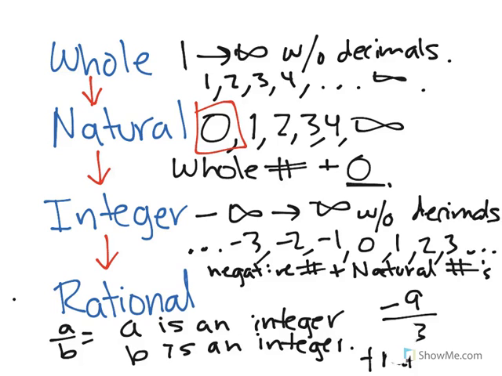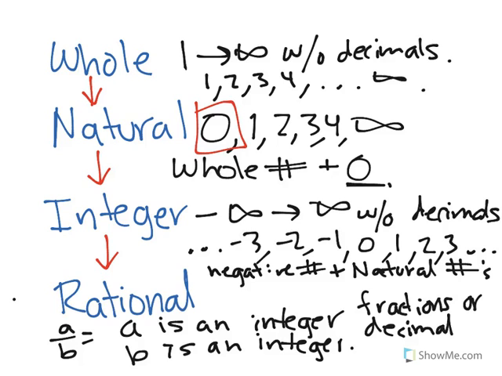Let me erase this to have enough space. So rational numbers are fractions or decimals, however you want to look at it. But the decimals must be repeating.